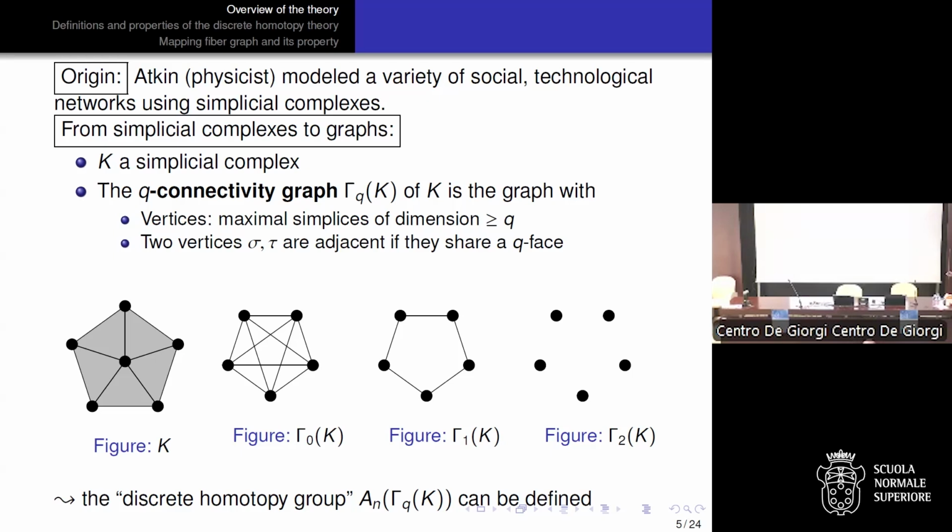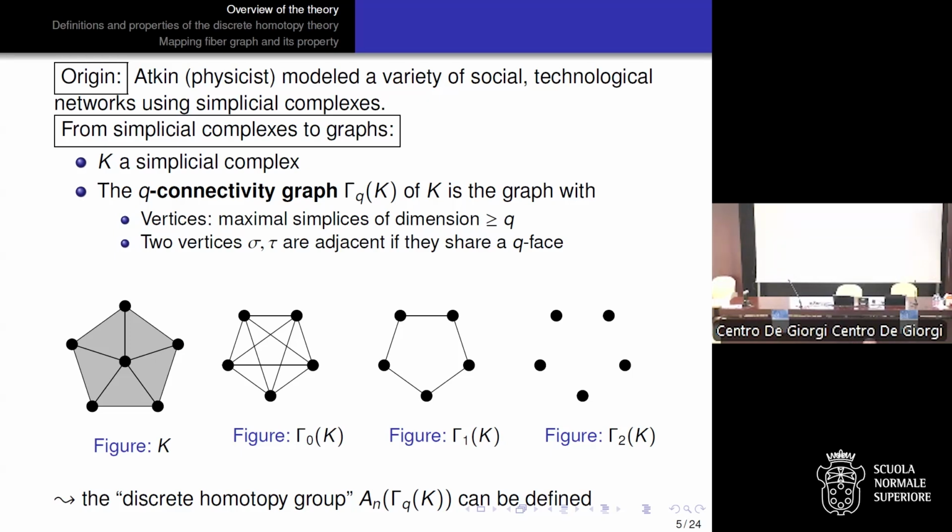Let K be a simplicial complex. Then we can associate a graph. We define a q-connectivity graph, gamma q K, whose vertices correspond to the maximal simplices of dimension greater than or equal to q. Two vertices sigma and tau are adjacent if they share a q-face, a q-dimensional face.